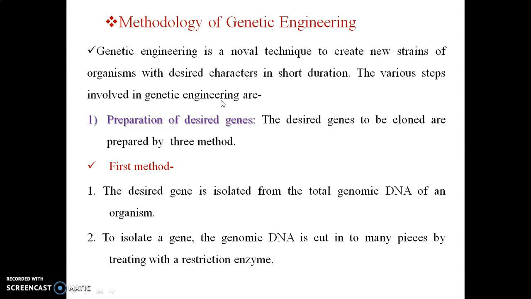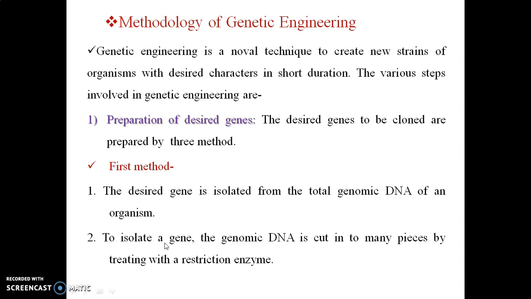The various steps involved in genetic engineering are: first, preparation of the desired gene. What is the desired gene? It means the acquired gene. The desired genes to be cloned are prepared by three methods. First method, the desired gene is isolated from the total genomic DNA of an organism.